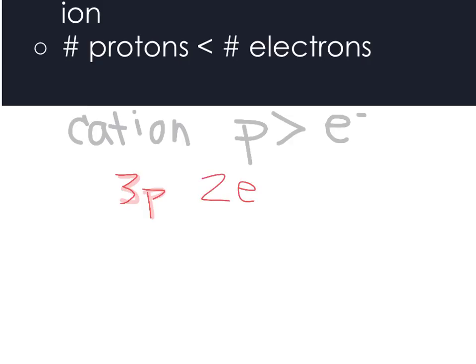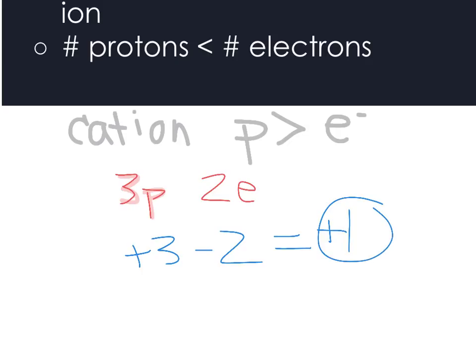So here's why that's the case. Remember, protons are positive, plus 3. Electrons are negative, minus 2. What is 3 minus 2? 1. In this case, a plus 1. So if I have 3 protons and 2 electrons, I'm going to have an ion with a plus 1 charge.